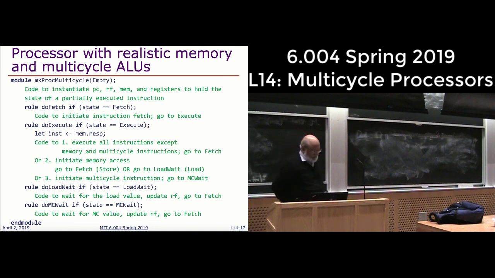In this, if the state is load wait, this is just like before, and if the state is multi-cycle wait, because this operation is taking a long time, in fact, at this level of design, it doesn't look any different from the memory instruction. Memory instructions take a long time, multi-cycle instructions take a long time. It's just that the data is coming from different parts.